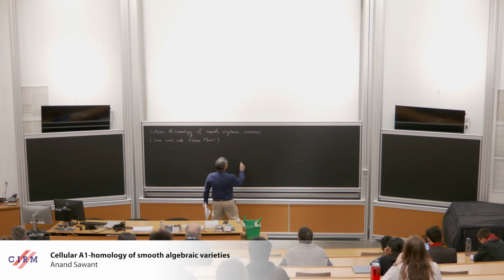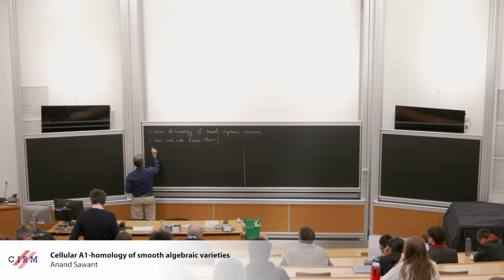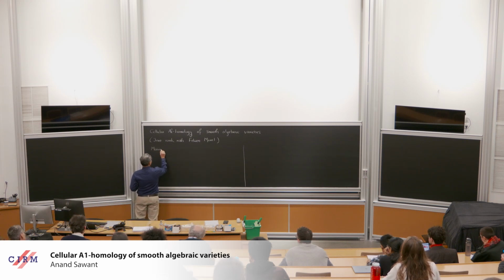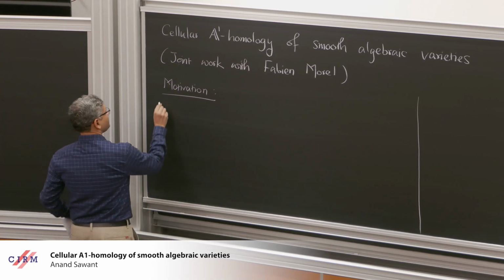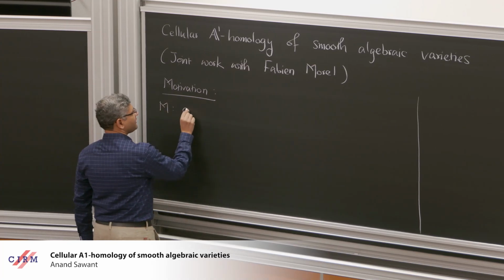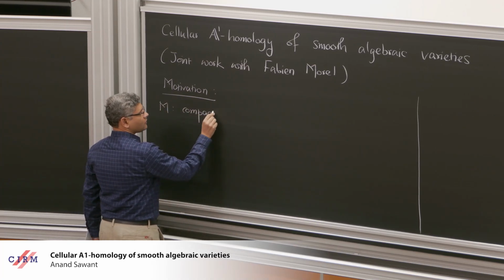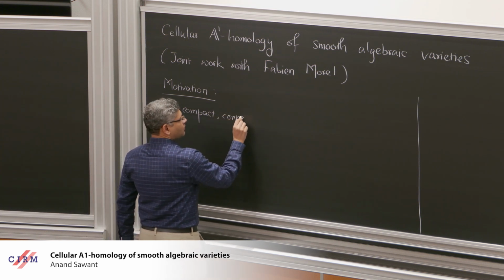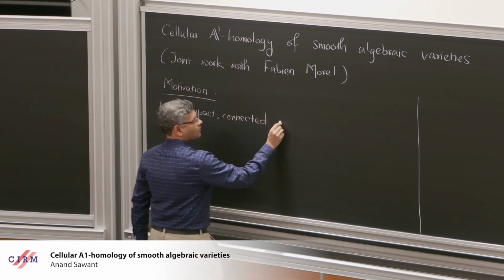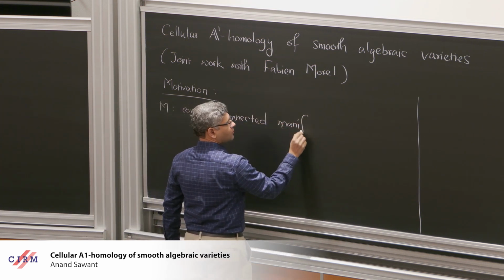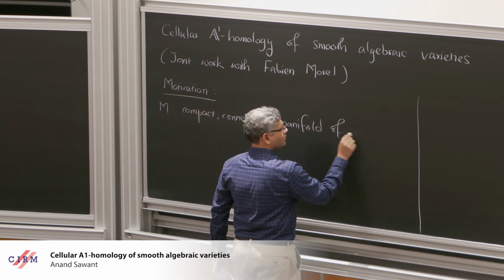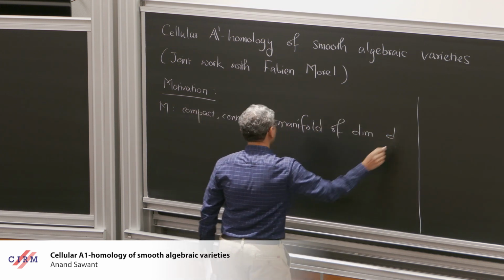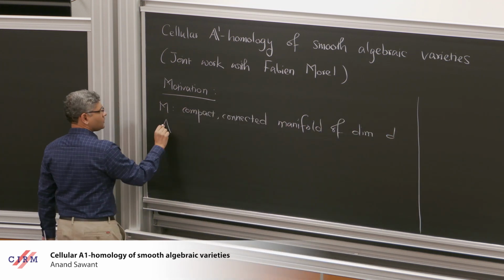Let me start with some motivation from classical topology, where we study Poincaré duality for compact connected manifolds. So let M be a compact connected manifold of dimension D, and let A be an abelian group.